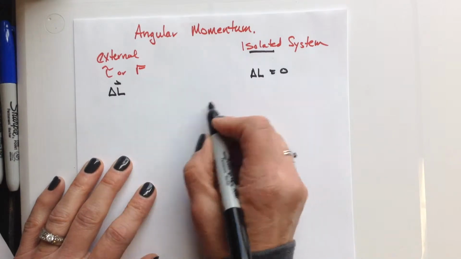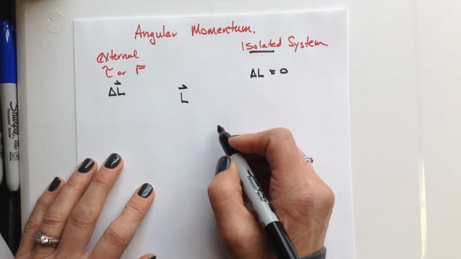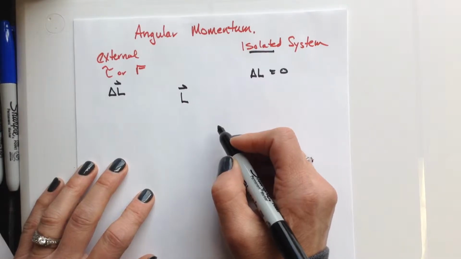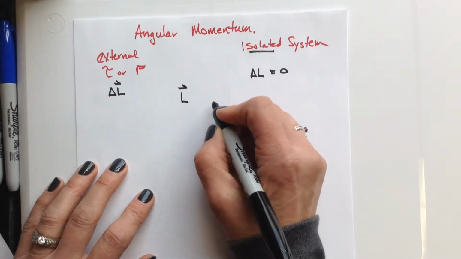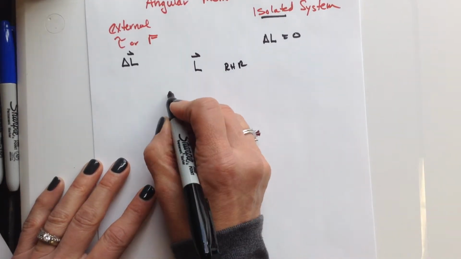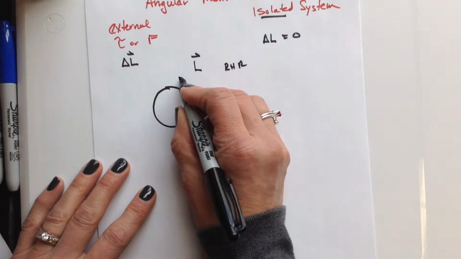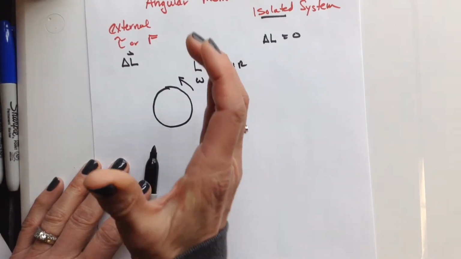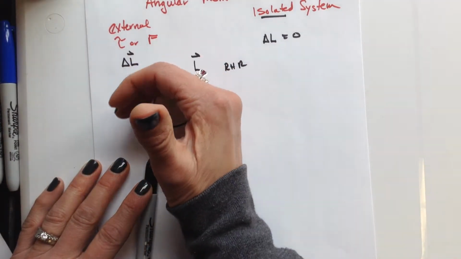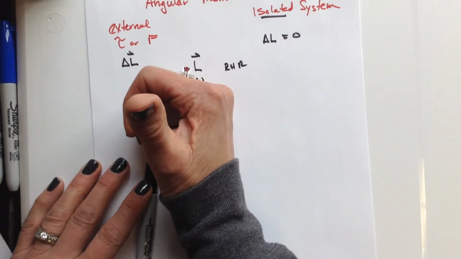So angular momentum, as we figured out, has a capital letter L that we use to symbolize it. It has direction, it's a vector. It follows the right-hand rule, so we can go through that real quick. If we have a circle that is moving with some angular velocity, you take your right hand, your fingers follow the direction of the rotation, stick your thumb out, and your thumb points the direction of the angular momentum.